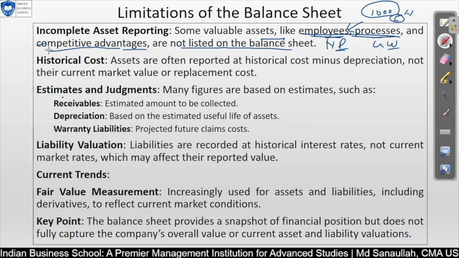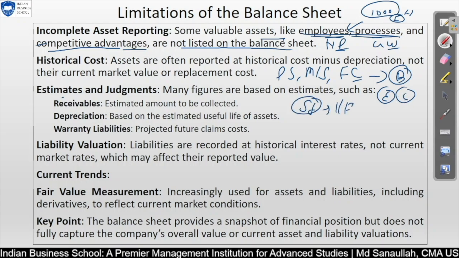Those competitive advantages you cannot calculate, like you have good SWOT analysis, you have good pricing strategy, you have good marketing strategy, you are segmenting, you are focusing on targets, whatever the pricing and policy you have to beat and defeat your competitor, and you are keeping an eye on your competitor, and you are making such steps, you are investing, you are buying fixed assets too, or you are making innovation and automation in your company, so that you can reduce your cost and increase the profit, and you can reduce the selling price of your product, so that demand will increase.